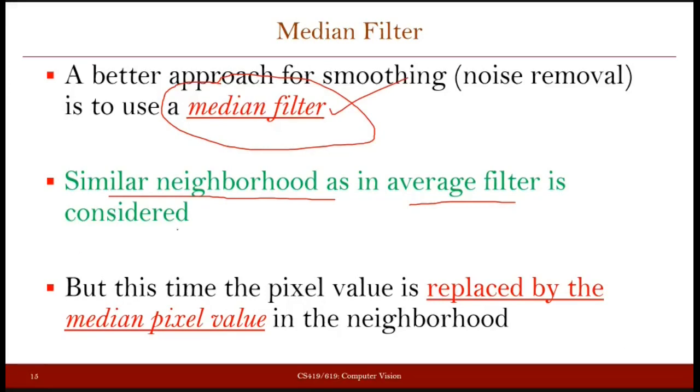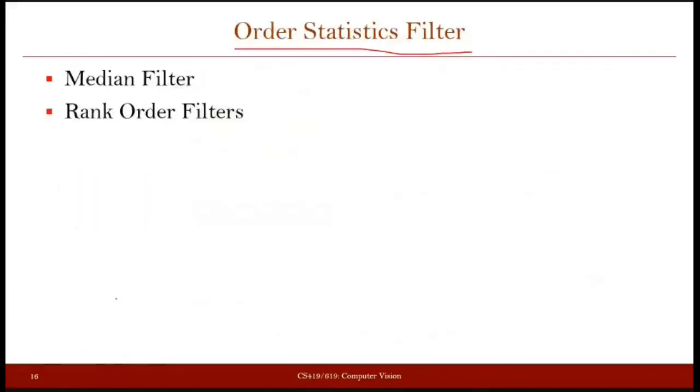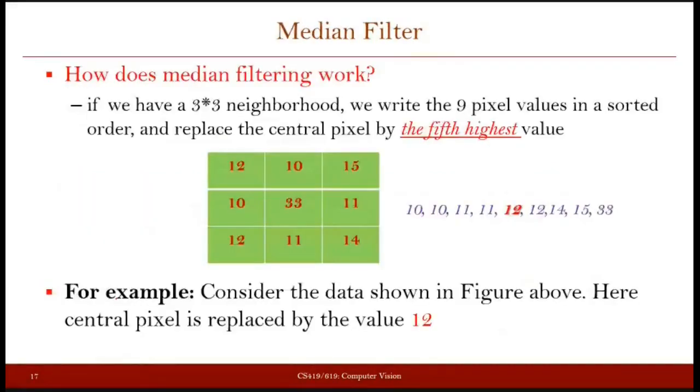In this case, the value of the central pixel is not replaced by the mean or by the average. It is replaced by the median of the intensities that you get by considering all the intensities of the neighboring pixels. Let us try to understand this with the help of this example.